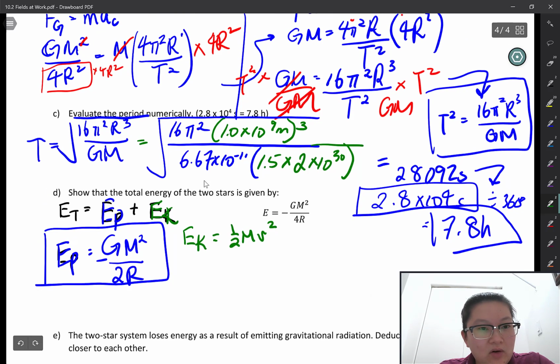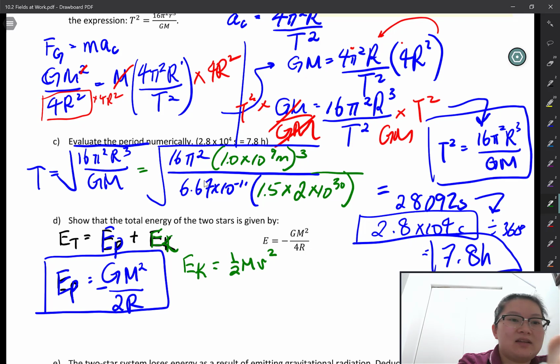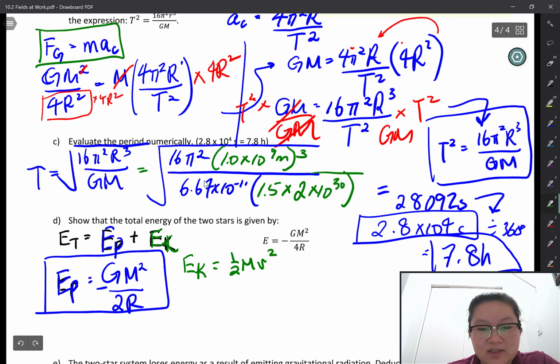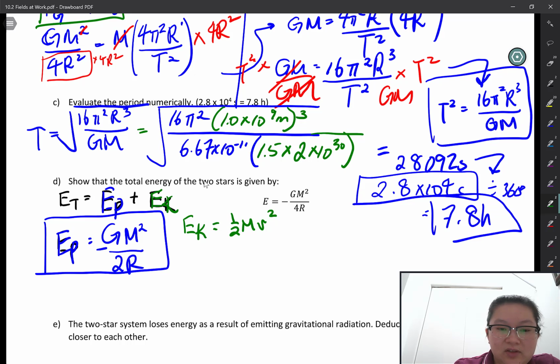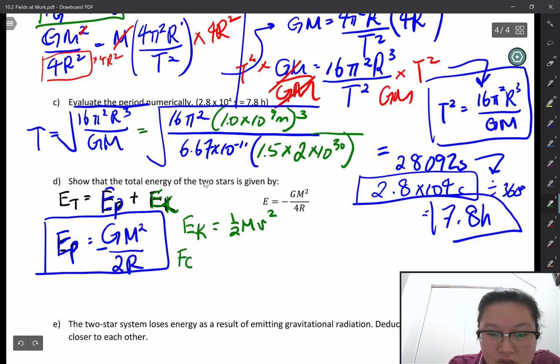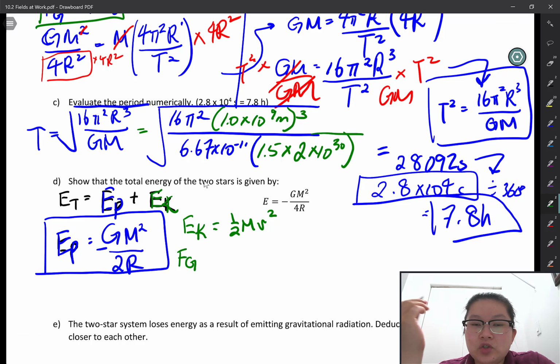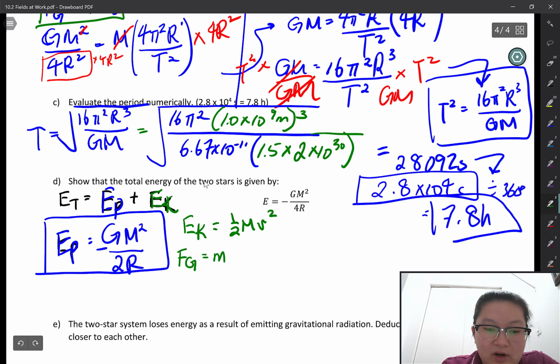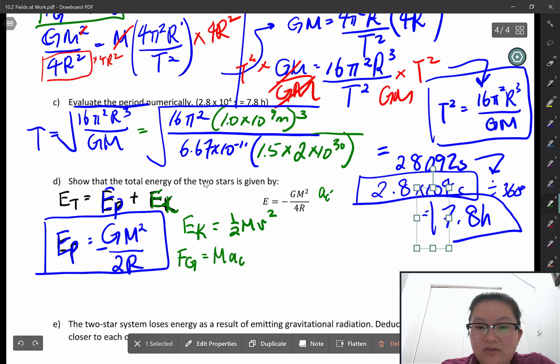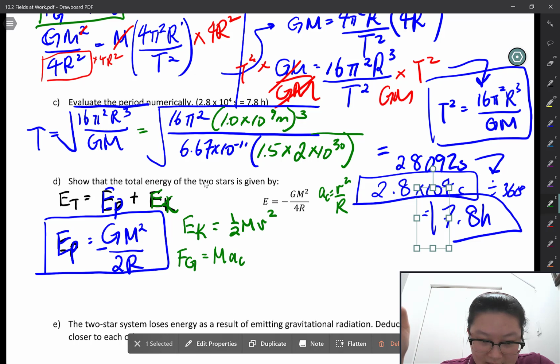So we did that earlier, actually. So I'm going to take this from a previous question, in which I know that the gravitational force due to attraction is going to be responsible for keeping these stars in orbit, which will be its mass, or actually its big mass, times the centripetal acceleration, which is also equal to v squared over r, in which v is the speed, r is the orbital radius.